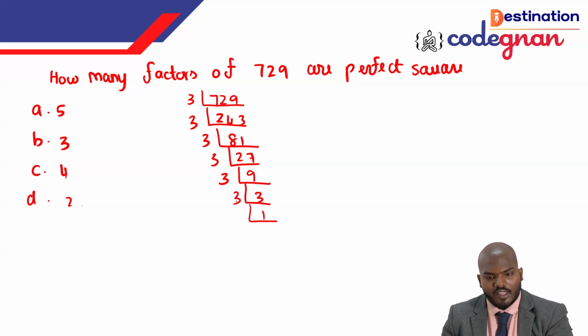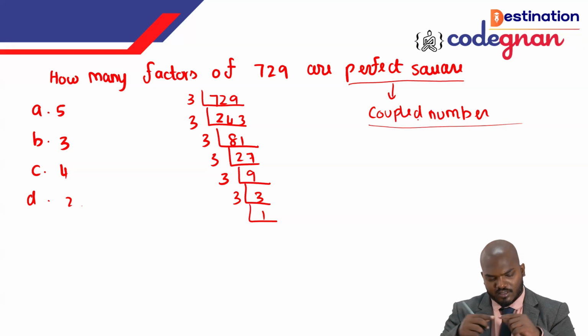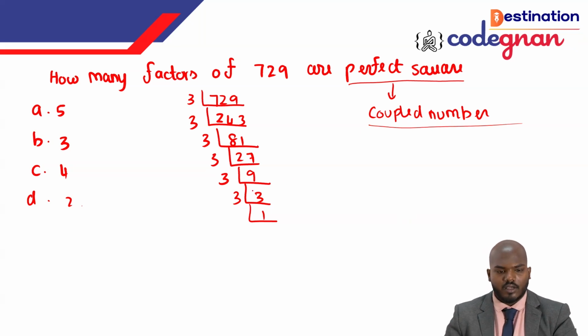Now they are saying perfect square. Perfect square means the number has couples. In simple terms, coupled numbers means there are two numbers, the same number repeated two times, joined together.